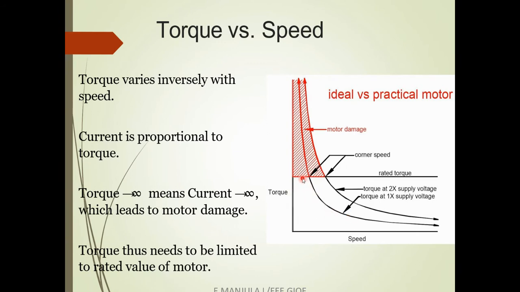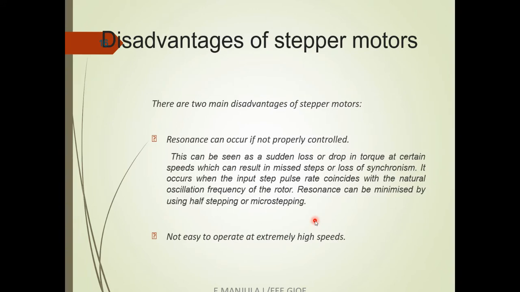Here, when speed keeps increasing, torque is decreasing. This is for a single supply and this is for a double supply voltage. The torque also depends on the voltage, which is why the graph changes here. This is ideal versus practical motor.